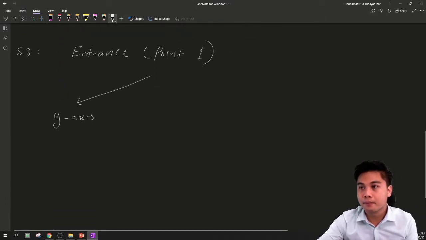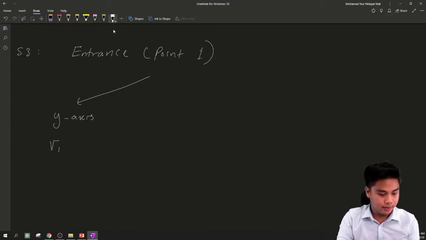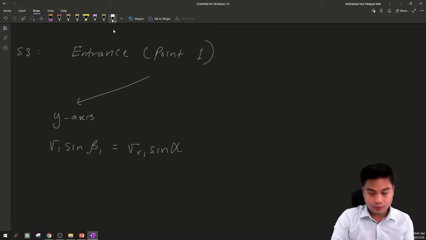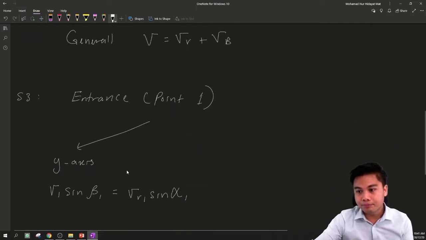V1 sine beta 1 is equal to VR1 sine alpha 1. Why this? Because take a look here.